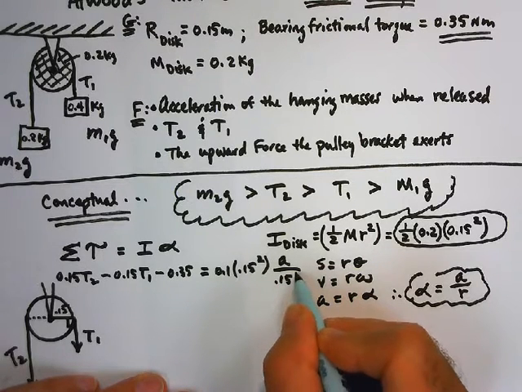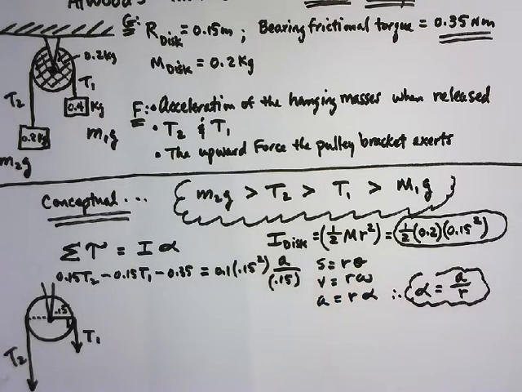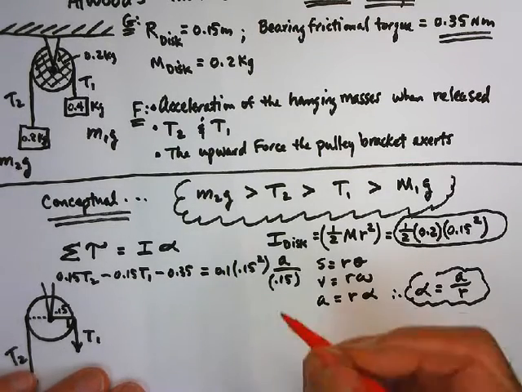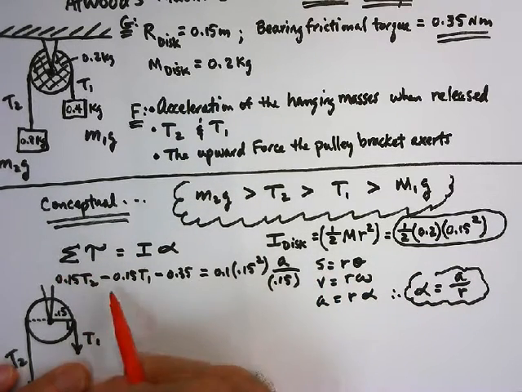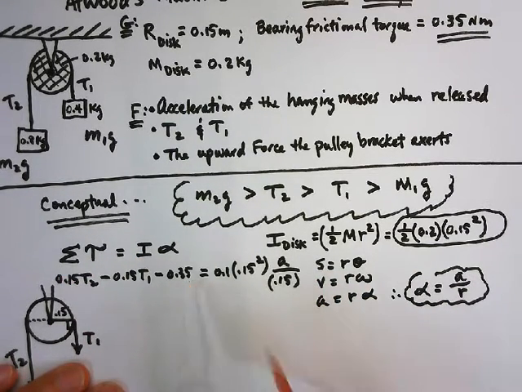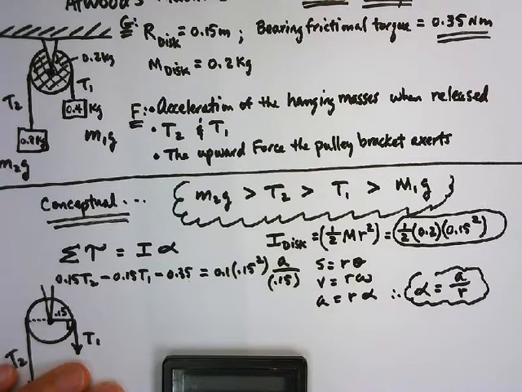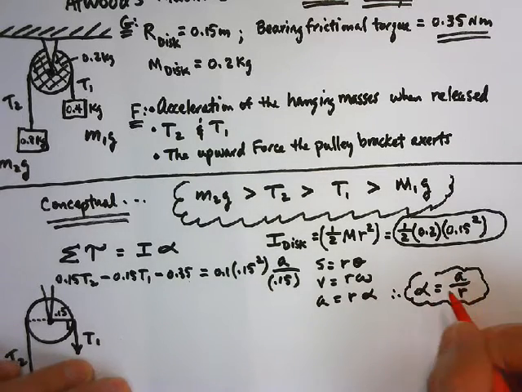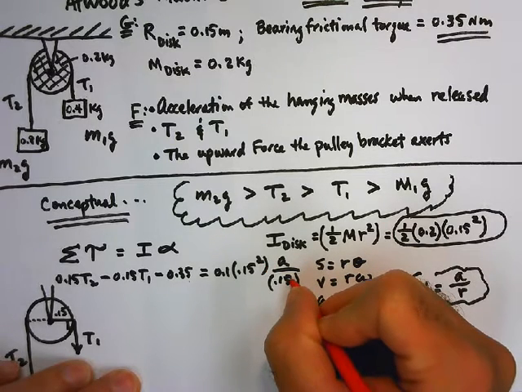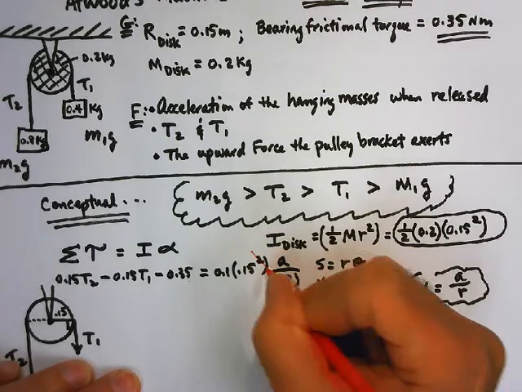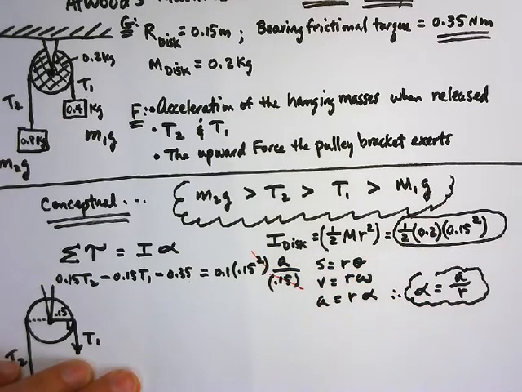I'm leaving that all in there because I can see that a lot of our 0.15s will cancel out. So what do we have? One thing I can do is, here's a 0.15 in the denominator, here's a 0.15 in the numerator. I can just cancel that out.